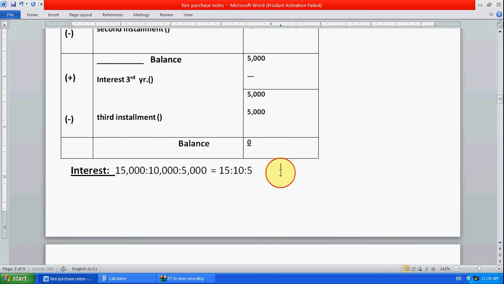So the ratio is 3 : 2 : 1. Here, how much is the remaining balance? Overall 18,000 is paid, but the cash price is 15,500.